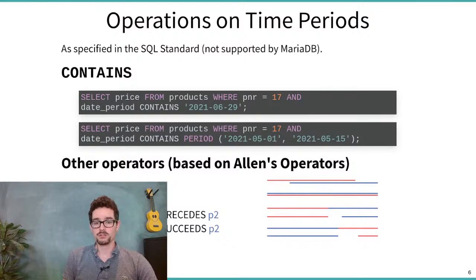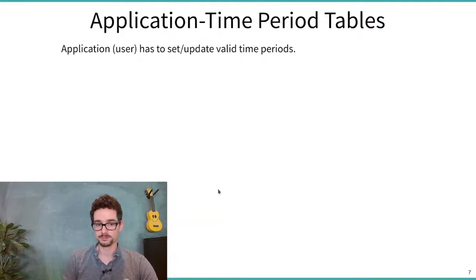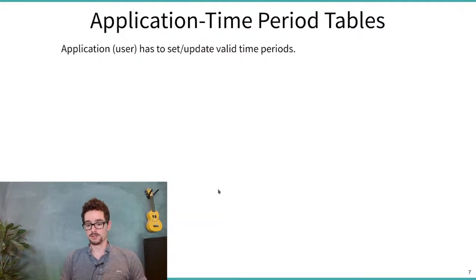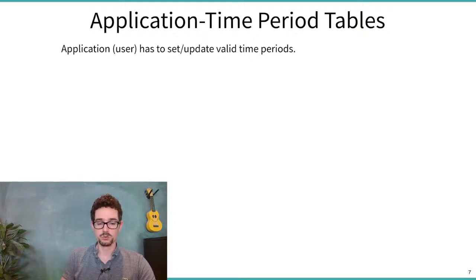Currently they are not implemented yet, so you have to manually rewrite what you want with greater, equal, smaller than, and so on. But at least MariaDB supports the without overlaps clause in the unique constraint, so that it checks whether two rows don't have an overlapping time interval.